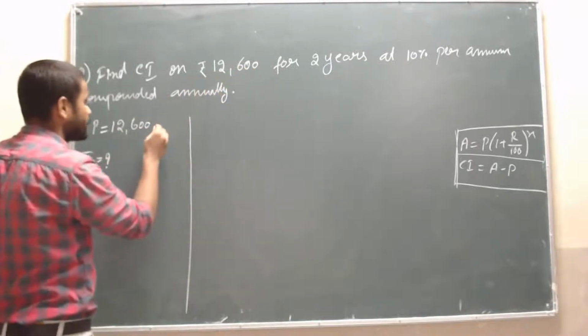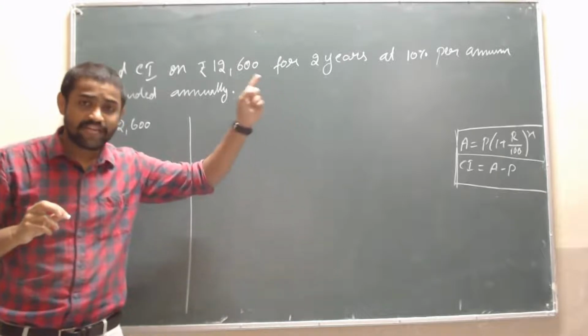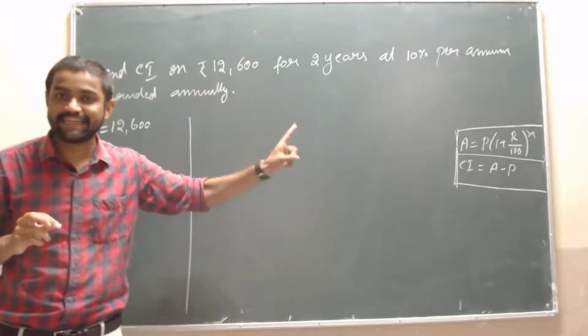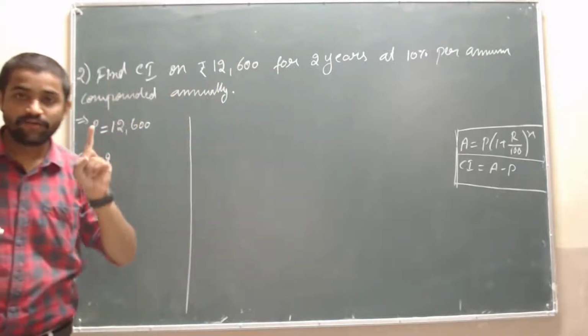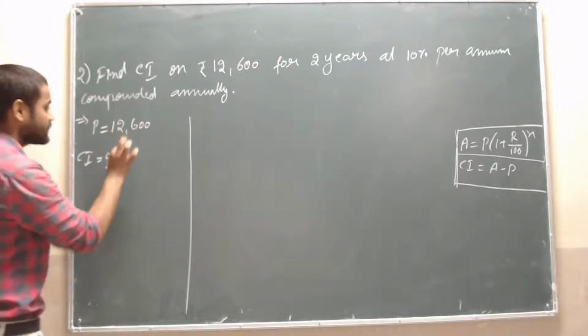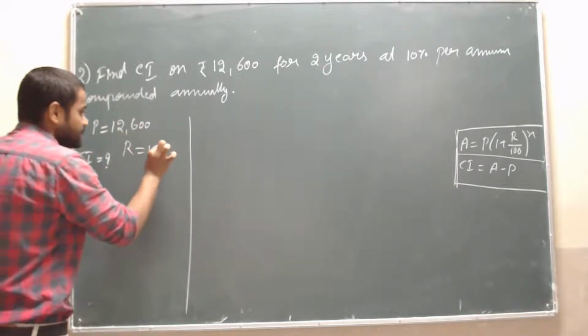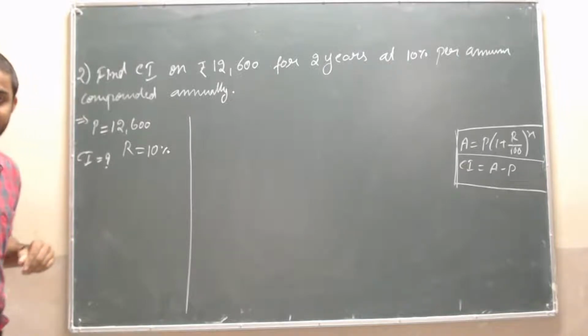Then for 2 years, time is 2 years. Whether you will indicate N or T here, comment here. And rate of interest is 10%. Just tell me.